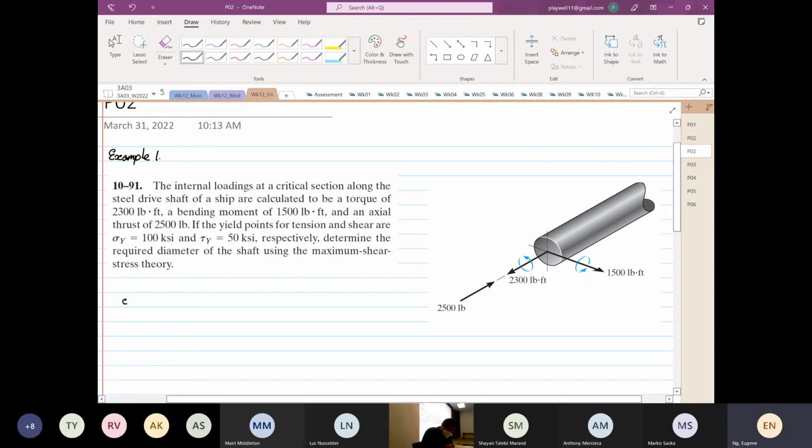I think it's c over J is equal to square root of Tx squared plus My squared plus Mz squared divided by shear stress allowable. Right? So this is for what? This is for transmission shaft.